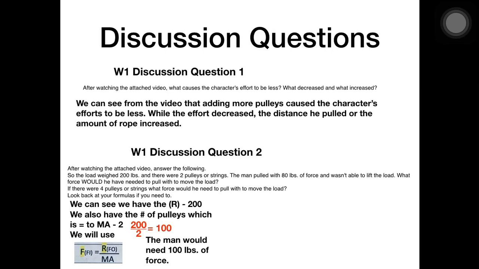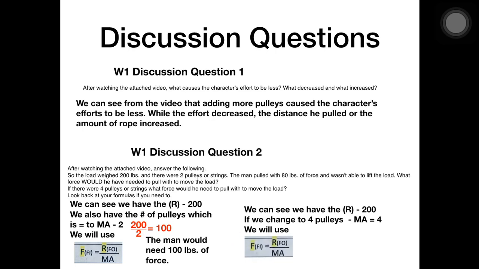For the second part of the question, it says, if there were 4 pulleys or strings, what force would he need to pull with to move it? So now we're changing this just a bit. We can see we still have the R of 200, the weight of the object of 200. If we change to 4 pulleys, mechanical advantage being 4, then we will still use the same formula.